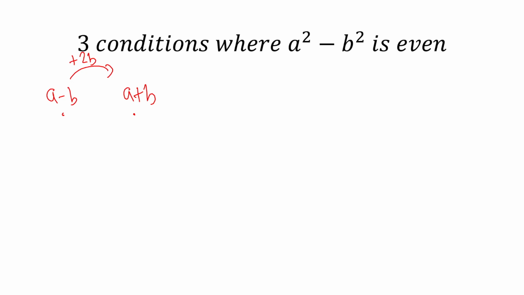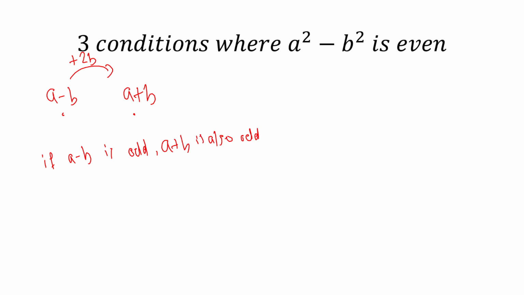Now, if a minus b is odd, and we add an even number to an odd number, that gives us another odd number. So a plus b is also odd.